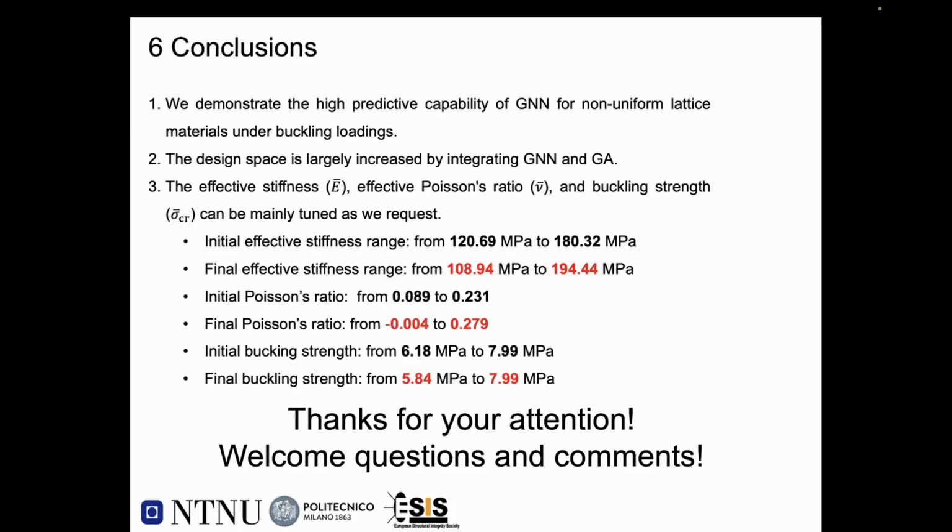Finally, here I listed the expansion, the details about the effective stiffness, Poisson's ratio, and buckling strength, which are tuned by our request. Here the black ones are the original values, and the red ones are our expanded designs. Also, highlighting again, we can achieve negative Poisson's ratios, which means we probably discover some new loading mechanisms here.